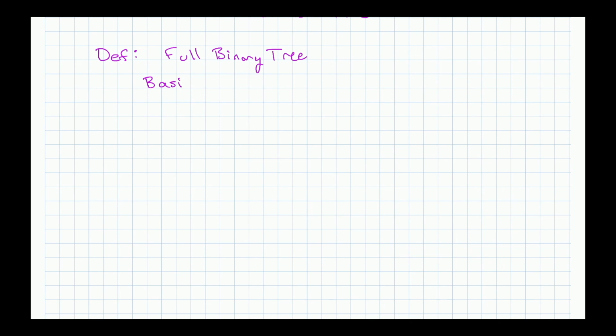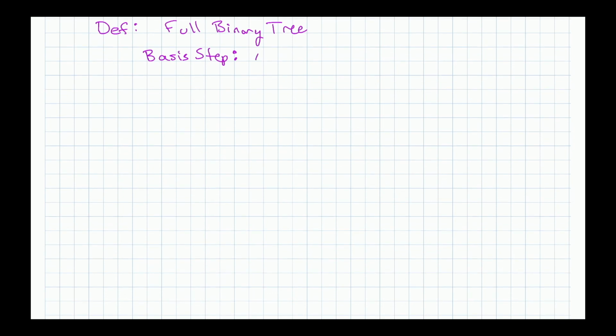So, basis step. What is that? This is review, so we're not going to talk about it too much right yet. The basis step was: a single vertex R is a full binary tree. All right, so what is the recursive step? The recursive step, you have a left and a right subtree, remember?